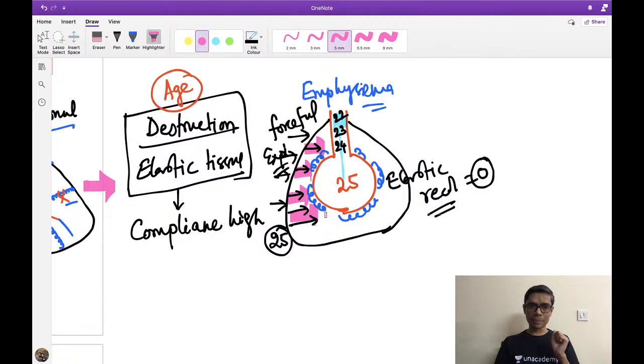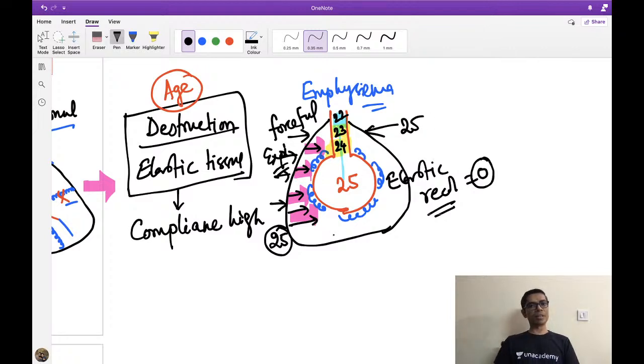But there is a problem. What is the problem? Whenever pressure is exerted on all parts of this lung and bronchioles, the pressure will suddenly drop because of the airway resistance. Now I can understand that the pressure inside this small bronchiole is 24-23 millimeter of mercury, and the pressure which the person is applying from outside is 25 millimeter of mercury.